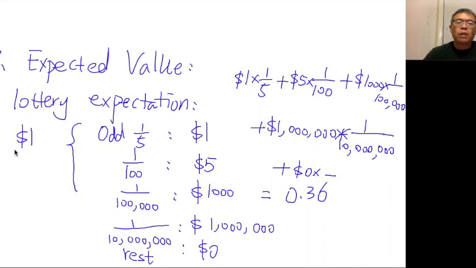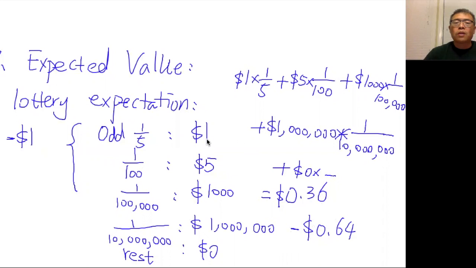So you pay $1, and on average you get 0.36 back. That means on average you lose 0.64 dollars each time. To make more sense, you can write it as a negative value: you pay out -1, you get in 0.36, so the total is negative 0.64.